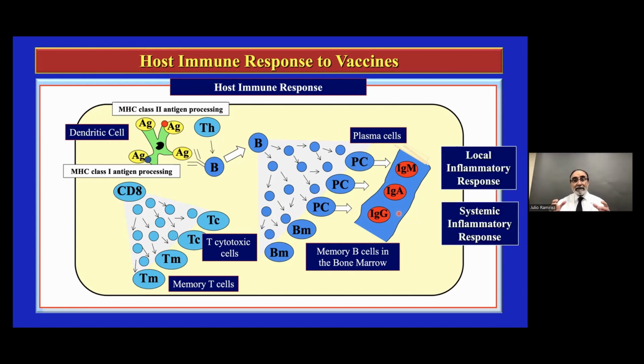Then with the vaccine, you're going to have a local inflammatory response and a systemic inflammatory response. Now, we always discuss with Ruth that you study a vaccine, and if something happens naturally, it cannot be an adverse event.